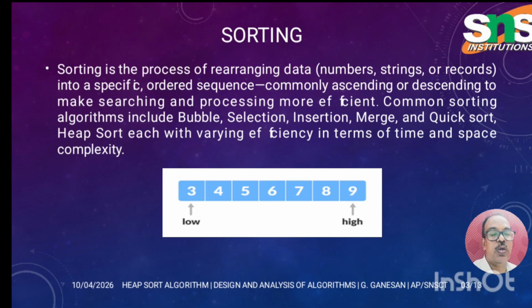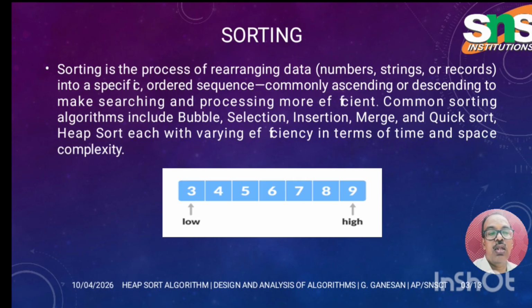So sorting is the process of arranging any numbers or characters or strings or any records in databases into either ascending or descending order. There are many sorting types: bubble sort, heap sort, quick sort, merge sort, selection sort, insertion sort.